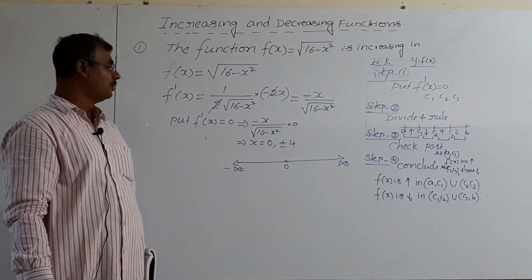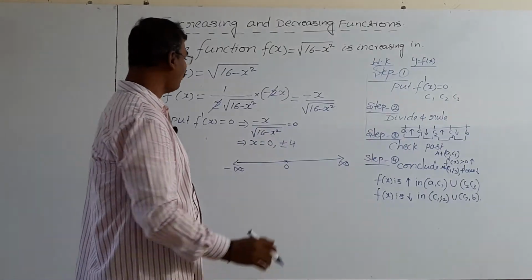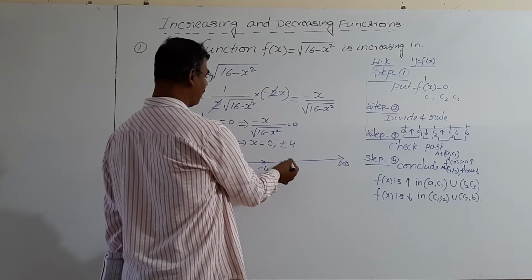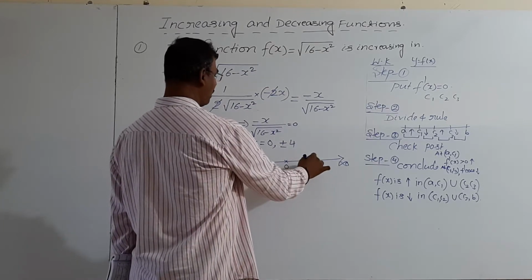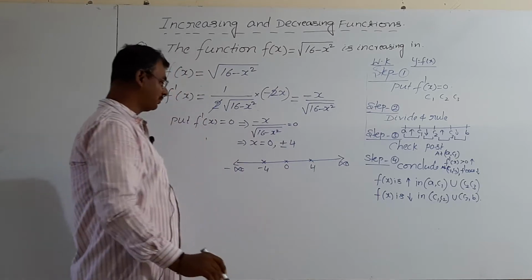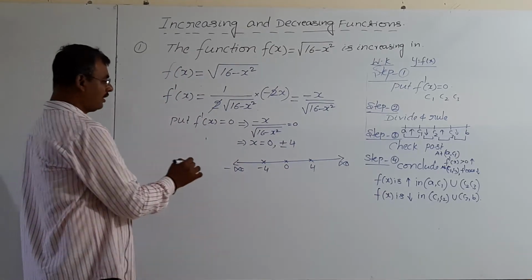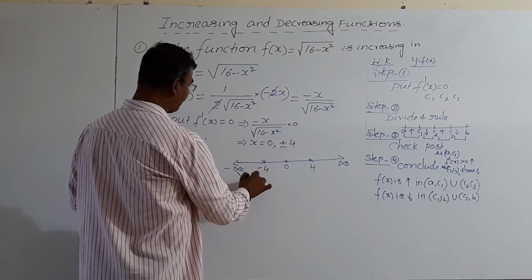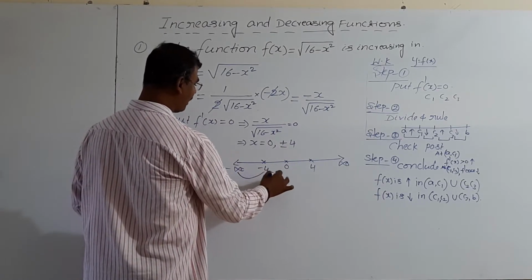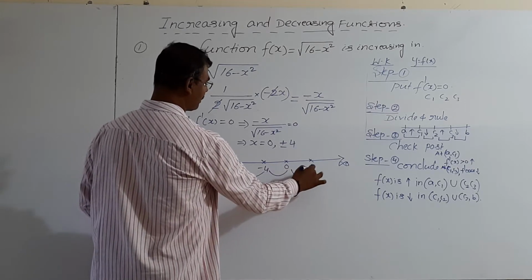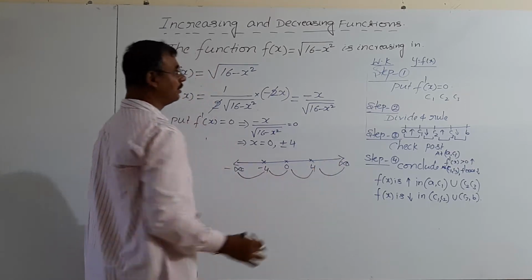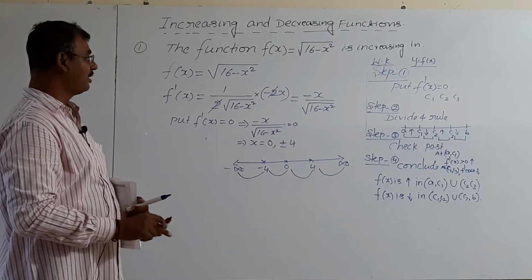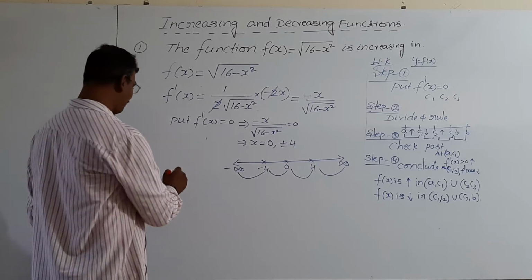Mark minus 4 to the left of 0 and plus 4 to the right of 0. Now, what are the intervals? We get the subintervals: minus infinity to minus 4, minus 4 to 0, 0 to 4, and 4 to infinity. Using these intervals, check the f dash of x value.